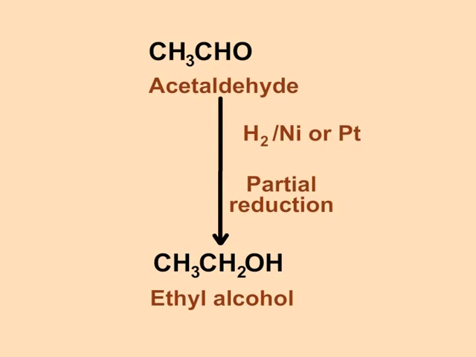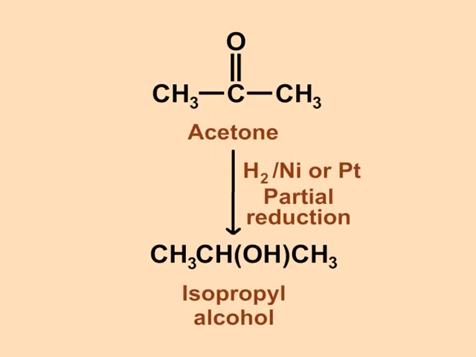For example, acetaldehyde gets partially reduced with hydrogen in the presence of nickel, platinum or palladium to ethyl alcohol. Acetone gets partially reduced with hydrogen in the presence of nickel, platinum or palladium to isopropyl alcohol.